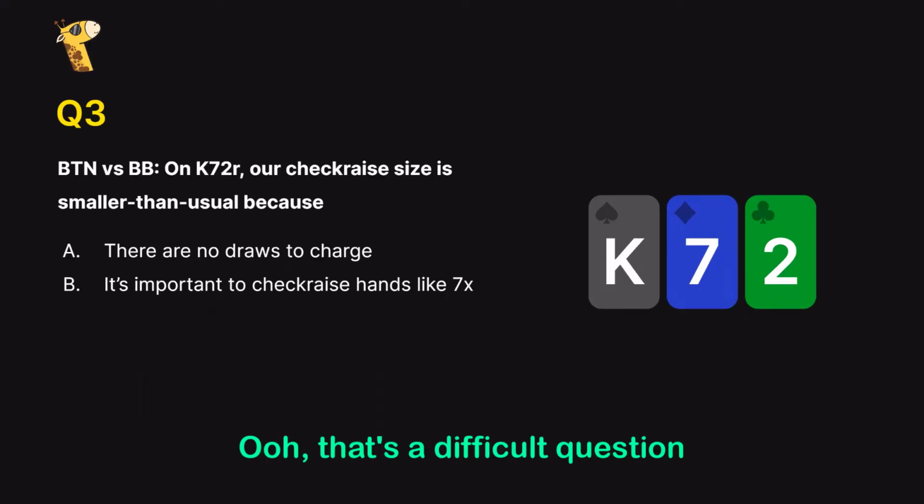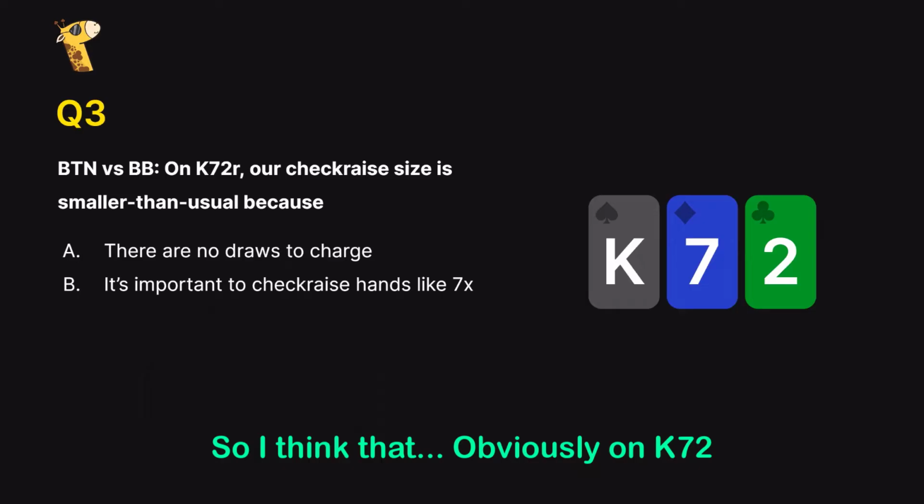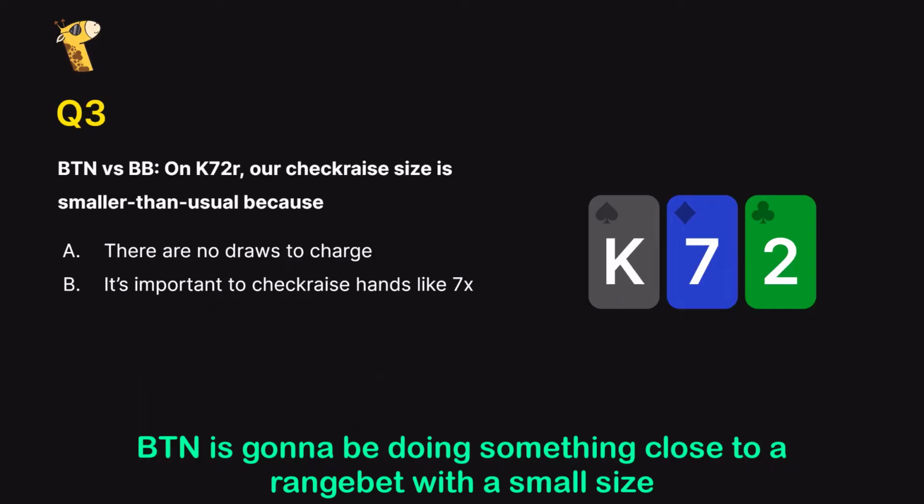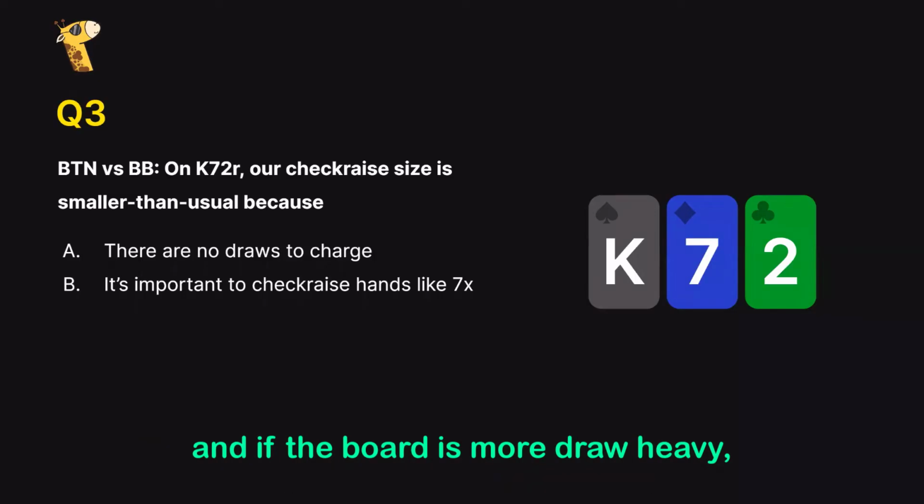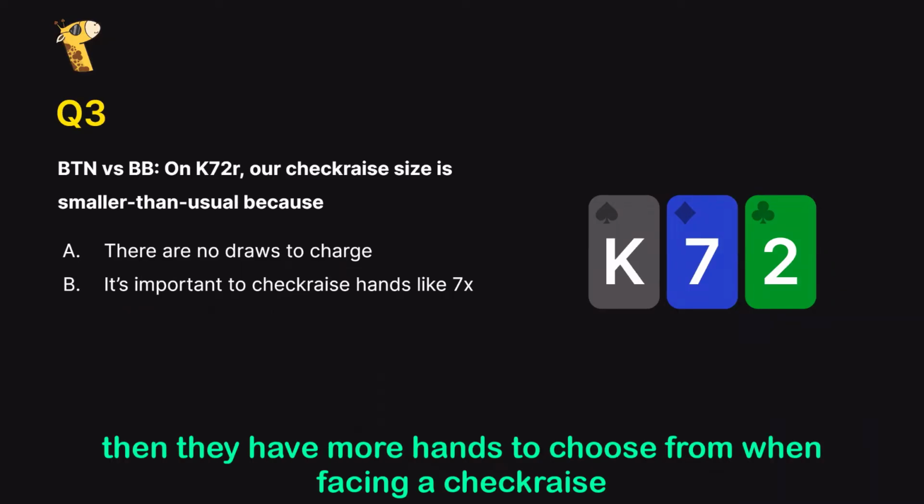Ooh, that's a difficult question. So I think that obviously on king 7-2, button is going to be doing something close to a range bet with a small size. And if the board is more draw heavy, then they have more hands to choose from when facing a check raise.